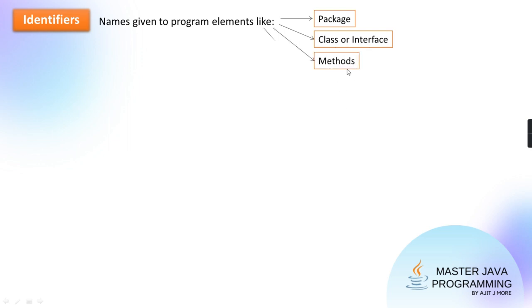Then methods, then variables and constants, clear? Labels. To all this, you have to give some meaningful name. And that name is only called as identifier. So with that name only you will recognize the package. With that name you will recognize that class. You understanding guys? Okay. I hope the concept of identifier is clear.